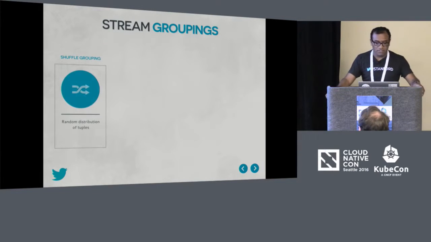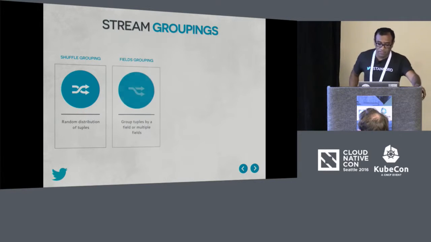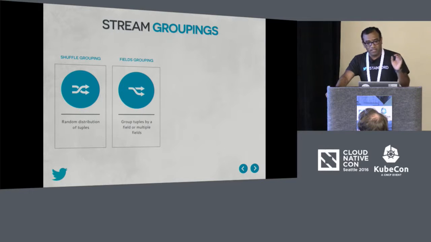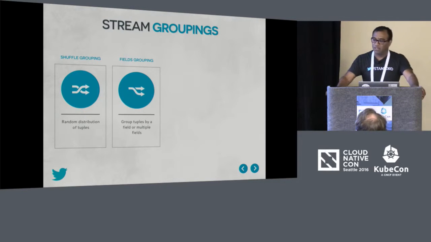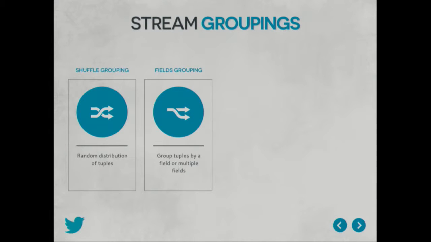First is the shuffle grouping, where it can pick randomly one of the downstream bolts and send it to it. Then there is fields grouping, where you take the tuple and examine some of its attributes, and based on the contents of those attributes, you do some kind of a hash function or whatever it might be, and accordingly direct the tuple to the appropriate downstream bolt.